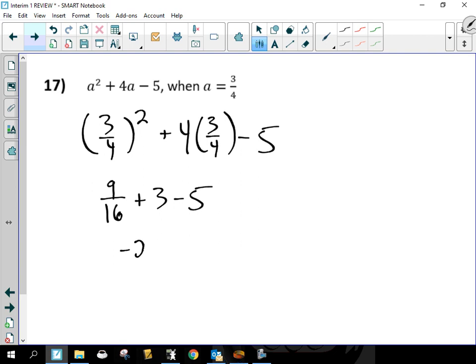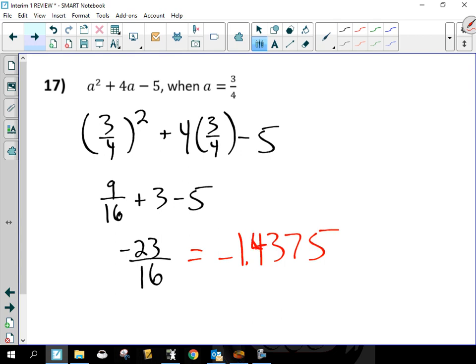This will give you -23 over 16. If you can follow that along, I'd be happy to show that to you, but for most people it's probably going to be easier to do the fraction in the calculator. This equals -1.4375.